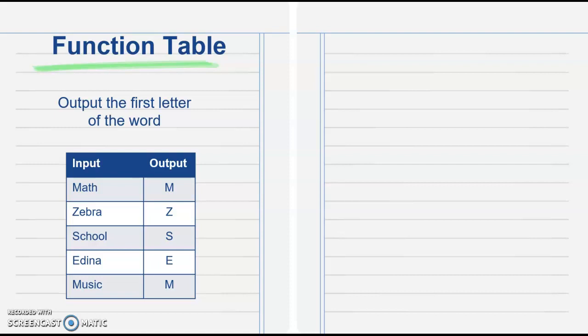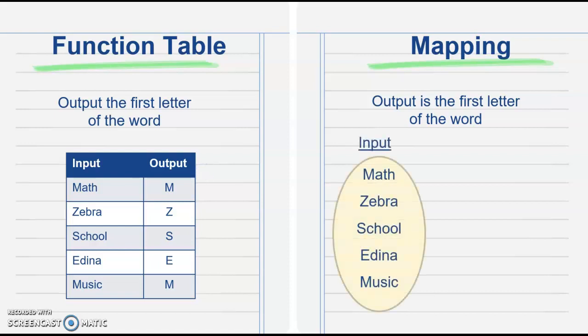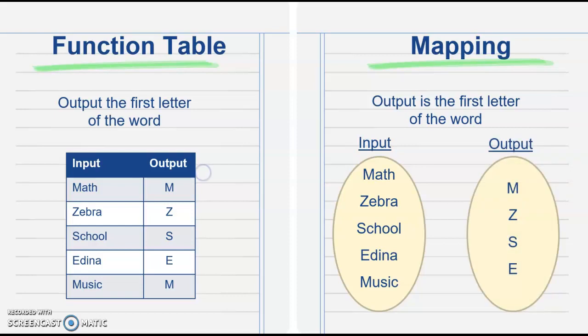There's another way of representing this information as well, and that's with using something called a mapping. A mapping is where instead of creating a very boxy table, we create some bubbles. And usually on the left-hand side, we write out our inputs, so the same words that I put into my function. And on the right-hand side, I list out my outputs.